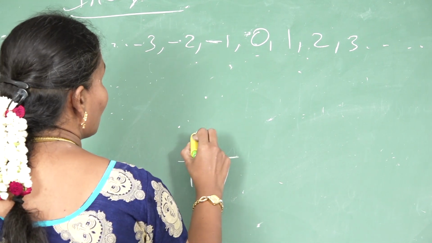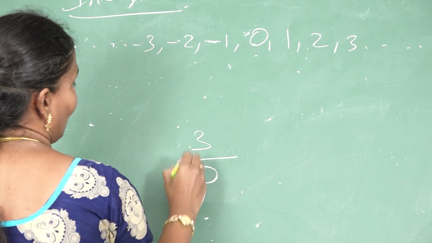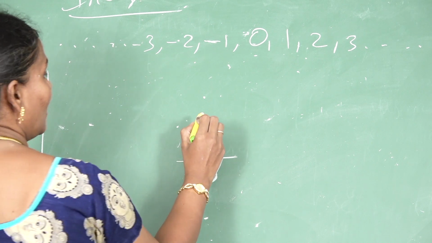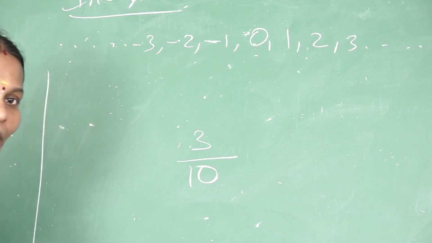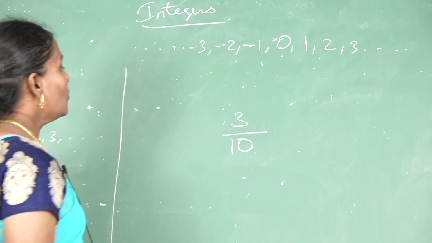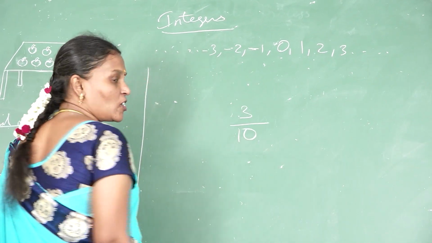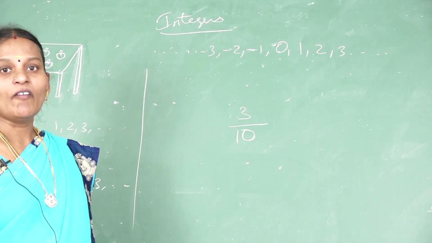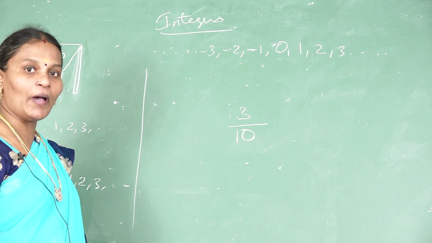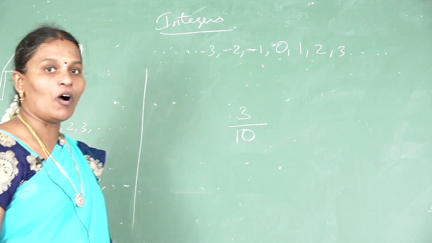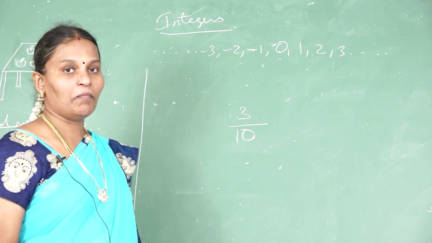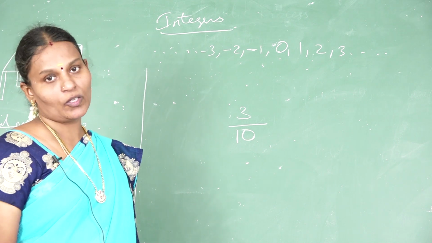See, this has 2 parts. The fraction has 2 parts: one is the numerator and the other the denominator. So what is meant by a fraction? A number which is in the form of p by q, where p and q are whole numbers, but q is not equal to 0.